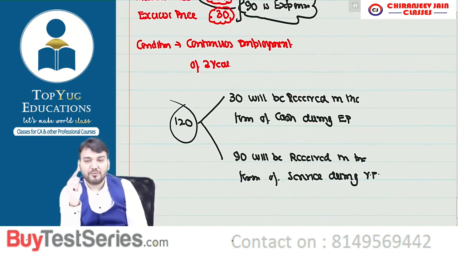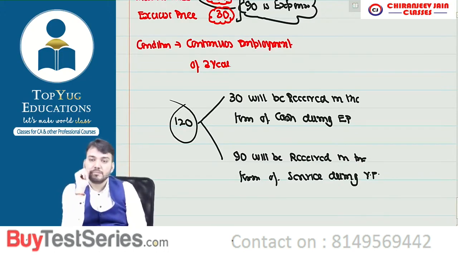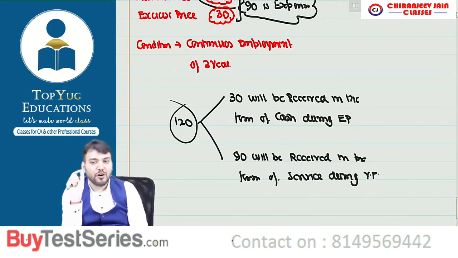If you have understood, I will ask one question so that I can understand whether you have understood or not. Now my question to you all, everyone listen. The shares will be issued at rupees 30, or at rupees 90, or at rupees 120?